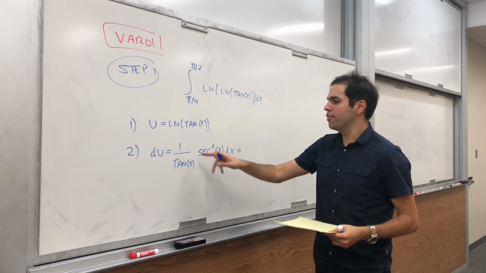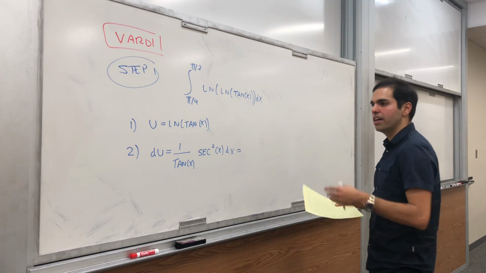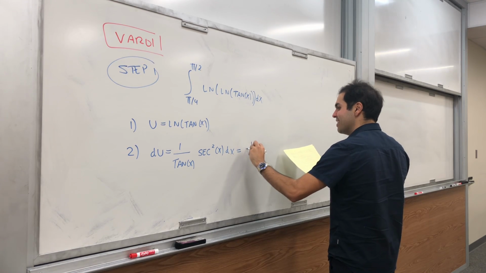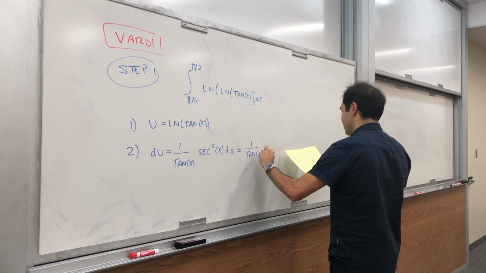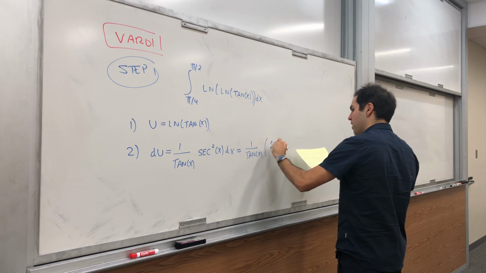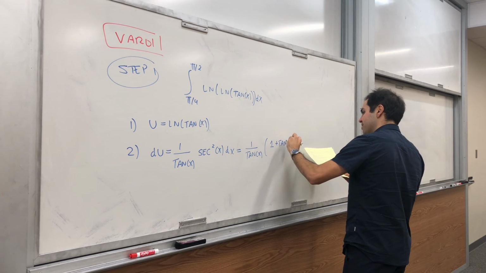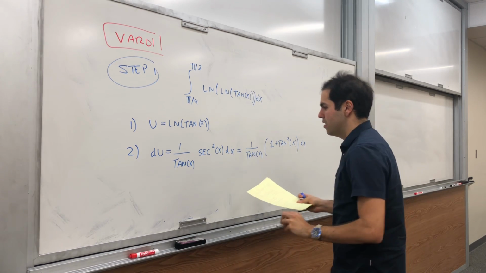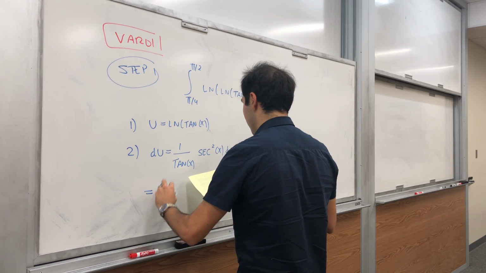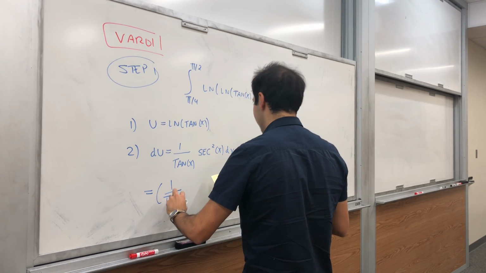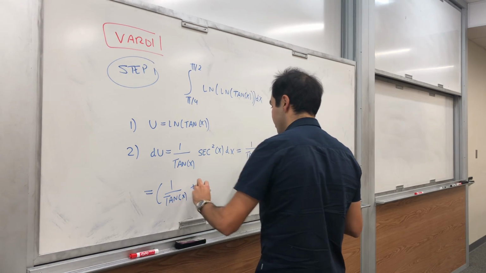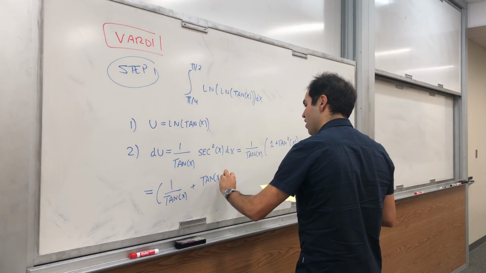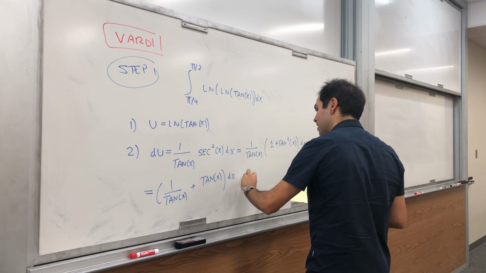And look, this involves tangent, so it would be nice to write secant squared in terms of tangent, but we can. So it's 1 over tangent of x, 1 plus tangent squared of x dx. And that's just 1 plus tangent squared over tangent, which is tangent of x dx.